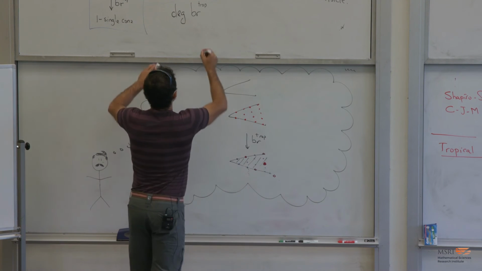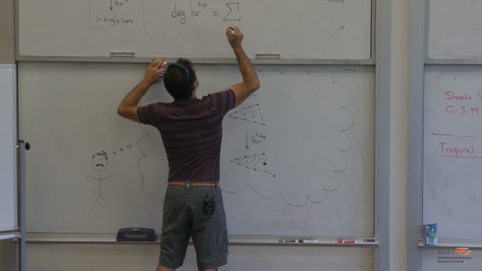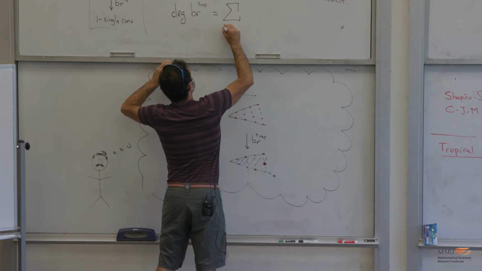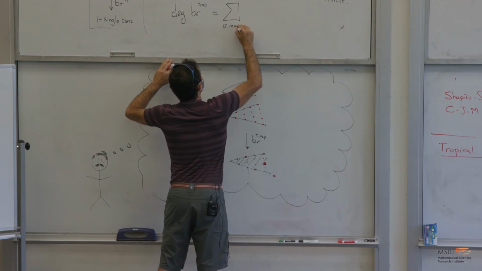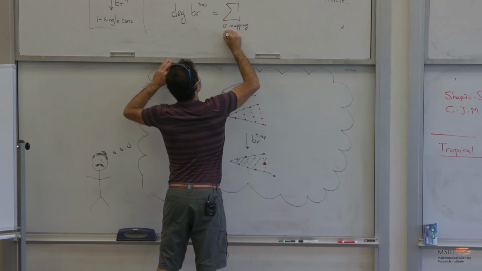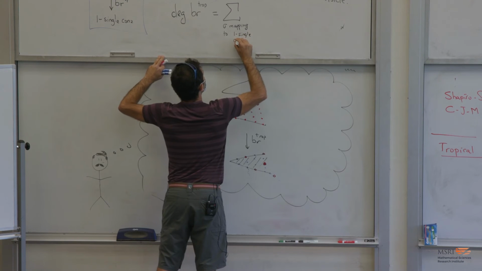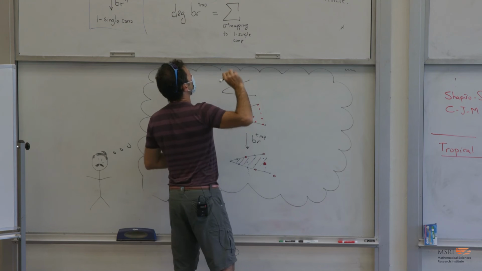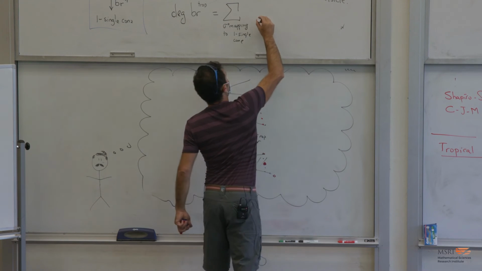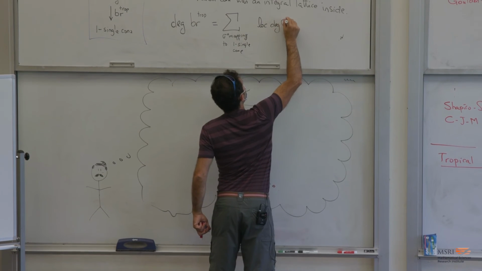So this is the sum over all open cones sigma mapping to the one single cone of the local degree of sigma.